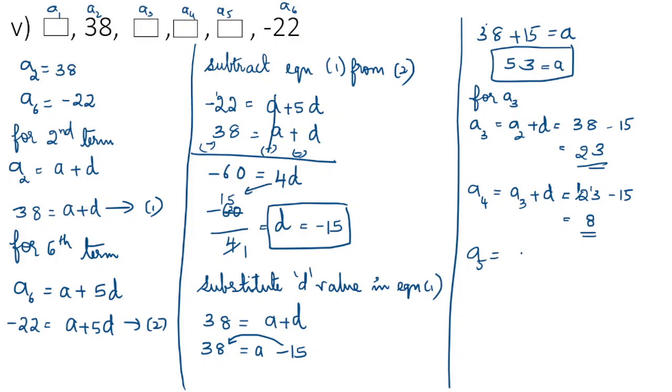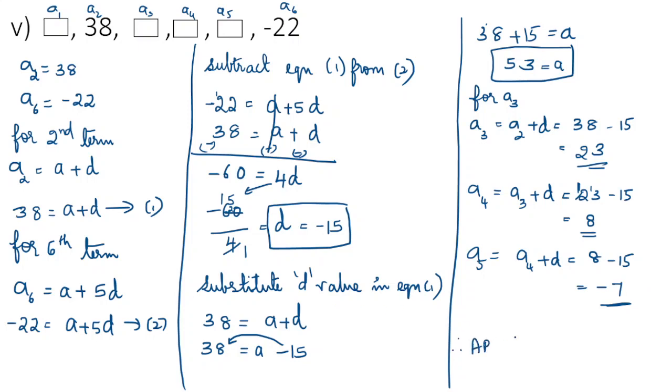A5 can be written as a4 plus d. A4 is 8 minus 15. So 15 minus 8 is how much? 7, right? Minus 7, because we are subtracting a bigger number from the smaller number. The answer will be minus 7. So therefore we can write the AP now.